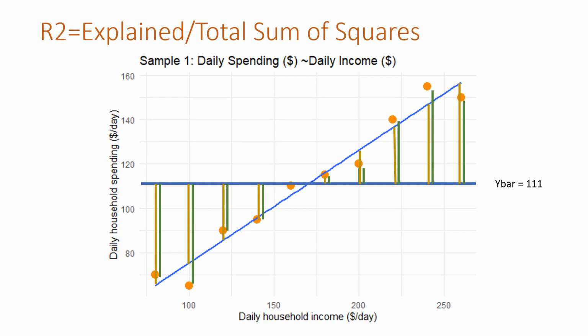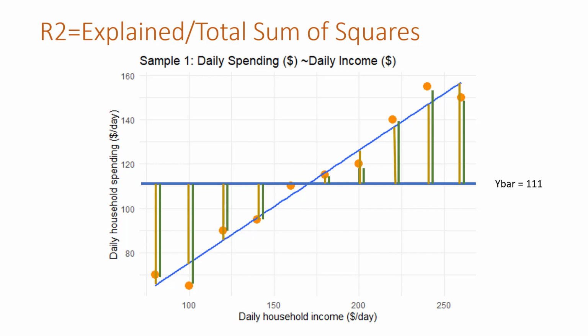In this figure, I have overlain the explained sum of squares, shown with the lines in the mustard color, over the total sum of squares. As you recall, the explained sum of squares is the difference between the predicted line and the horizontal line, or y bar, those differences squared and summed.